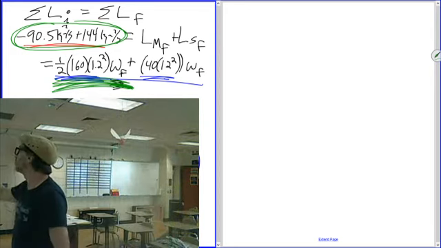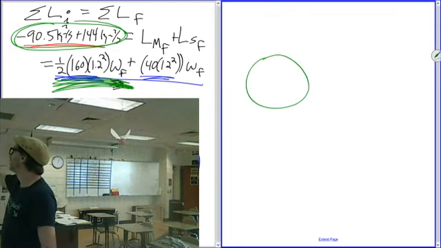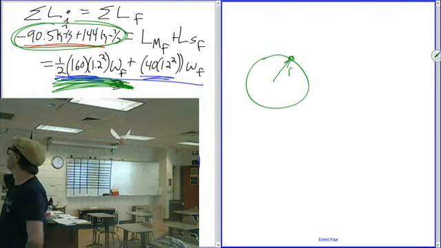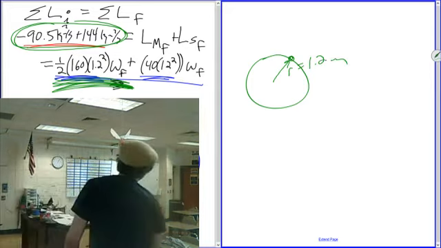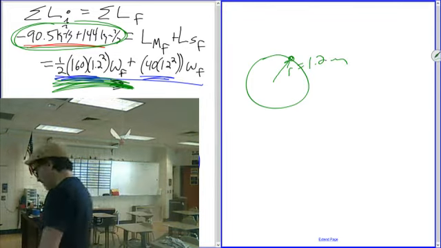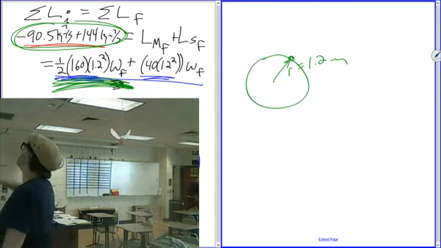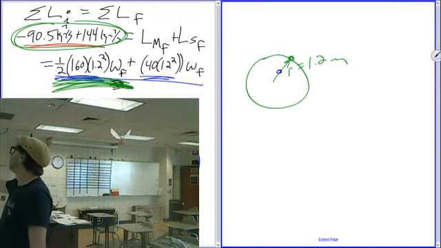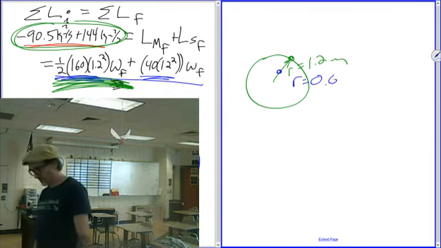But originally, here's the merry-go-round, here's Sally. She's at a radius of 1.2 meters, and she's going to then crawl in towards the center. And so her radius will be 0.6 meters.